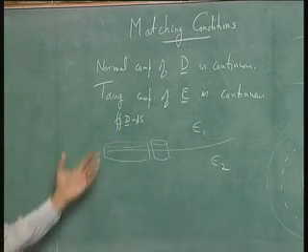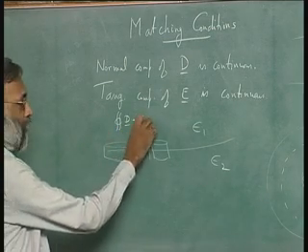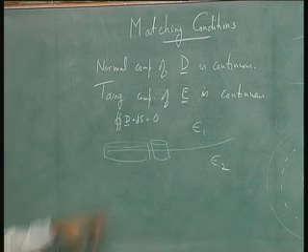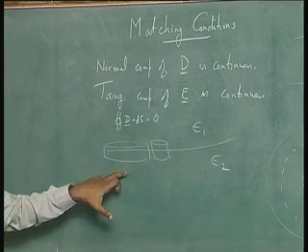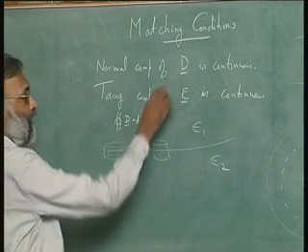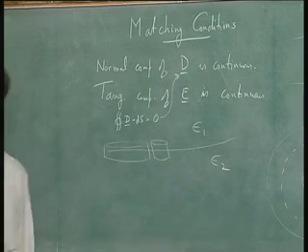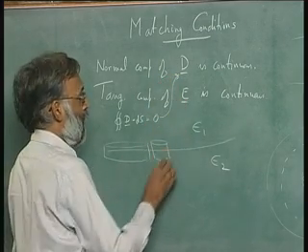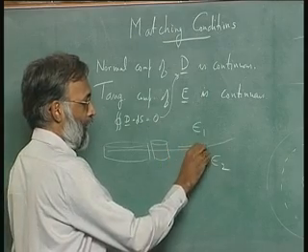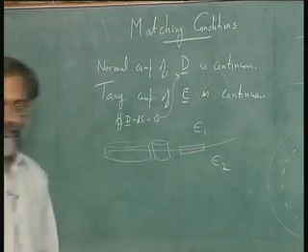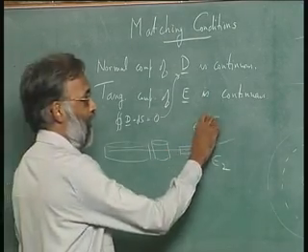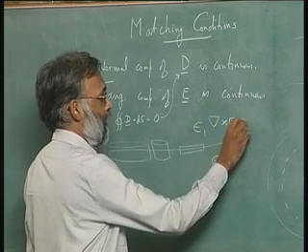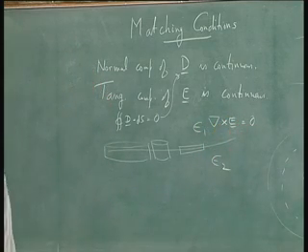There is no free charge enclosed, so I got 0, and using that I came up with continuity of normal component of D. And for continuity of tangential component of E, I used Stokes' theorem and I used curl of E is equal to 0.